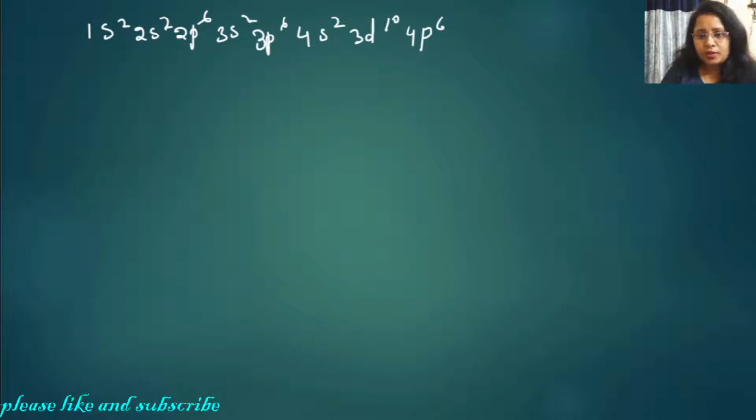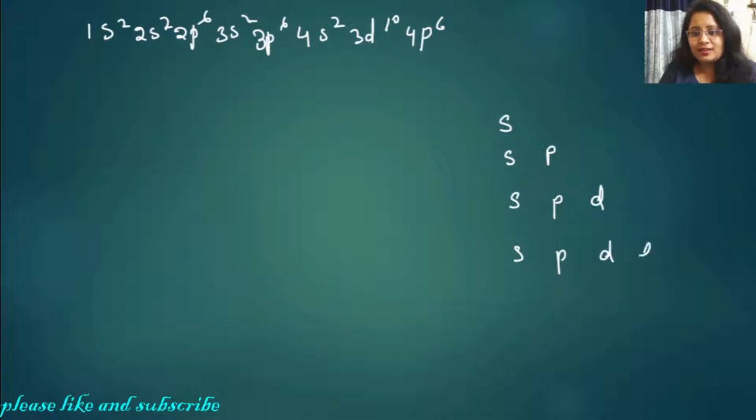The trick is, first you should write S, this is S and P, then S, P, D. Sorry, it is S, then S, P, then S, P, D, then S, P, D, F. Again it will come S and so on.